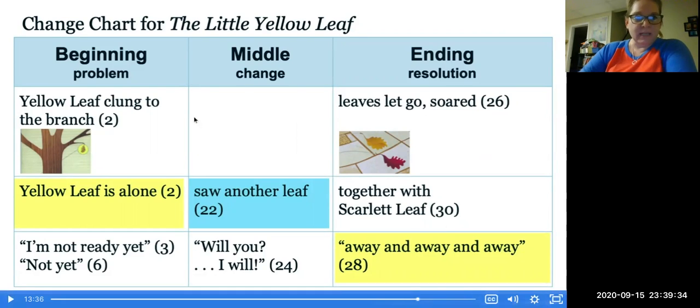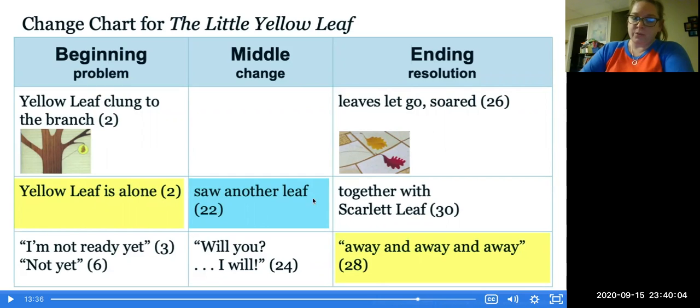So she has taken one piece of evidence from the beginning and put it in yellow because our first piece of evidence we always outline in yellow. The second piece of evidence comes from the middle, and she has outlined it in blue. Our third piece of evidence came from the ending, and it's in yellow again because yellow and blue make green. And green is the color of the topic statement.